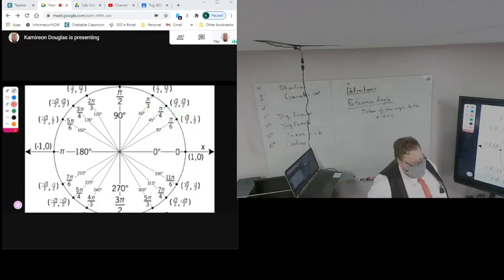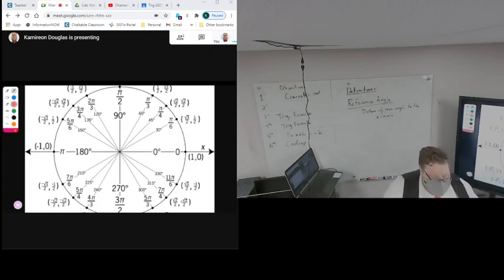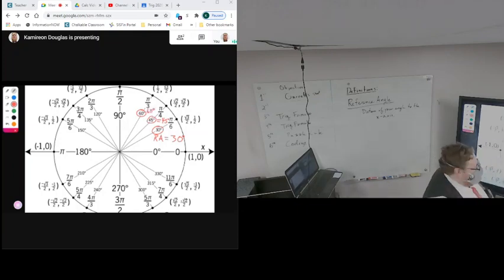Your first four angles, their references are the angle. The reference angle for 30 is 30. The reference angle for 45 is 45. The reference angle for 60, it's 60. The reference angle for 90 is 90.